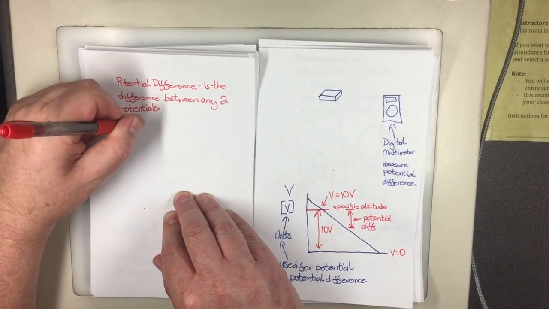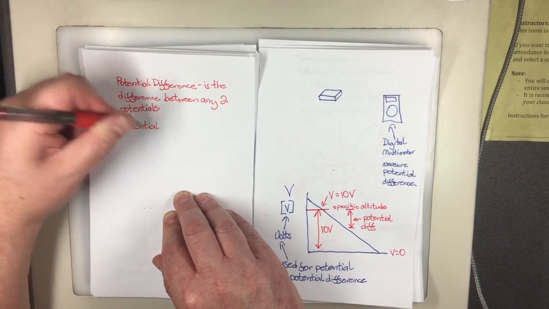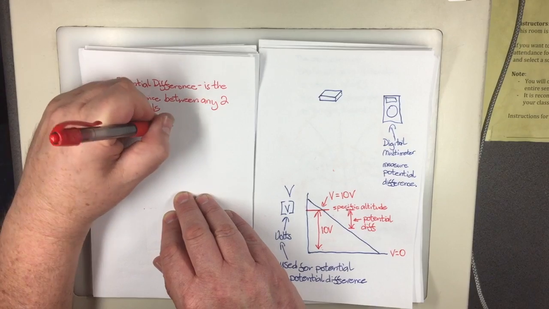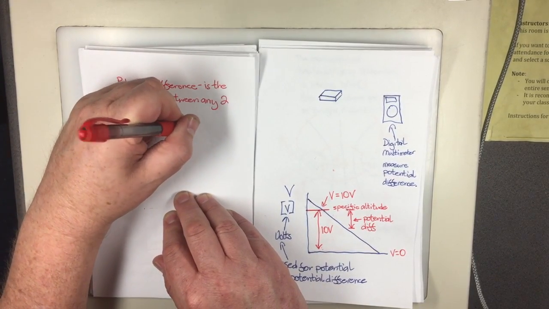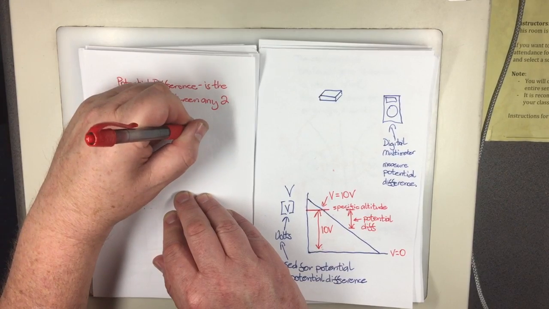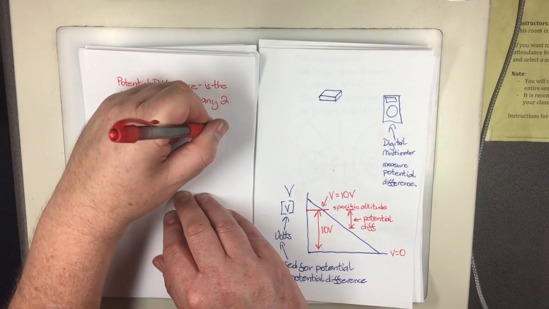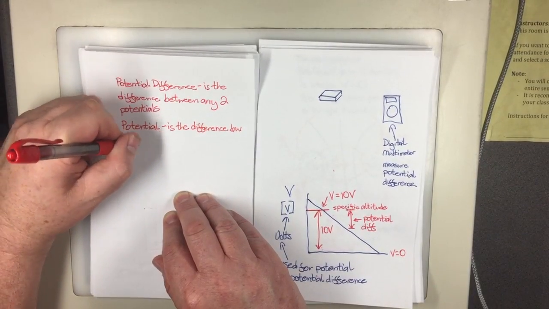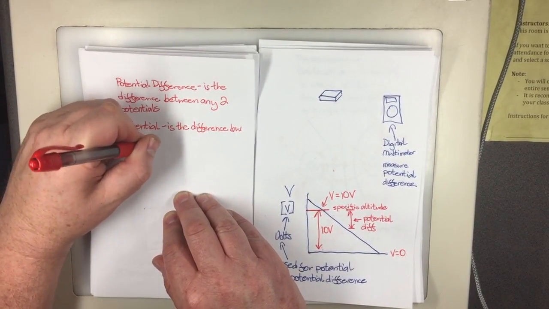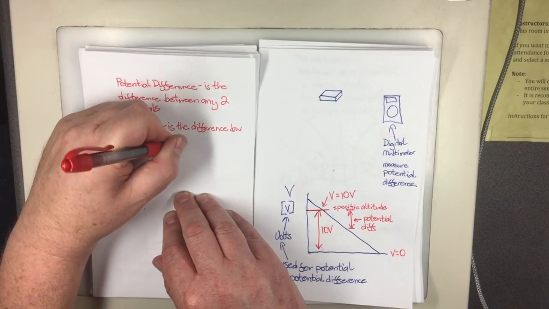Potential is the difference between any point and ground.